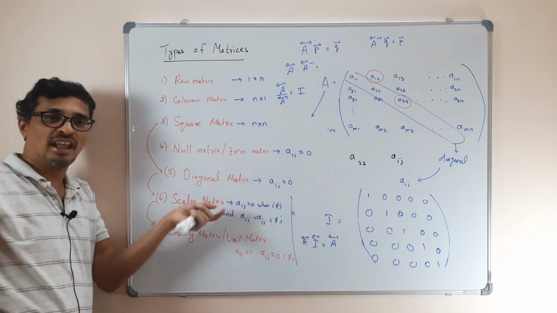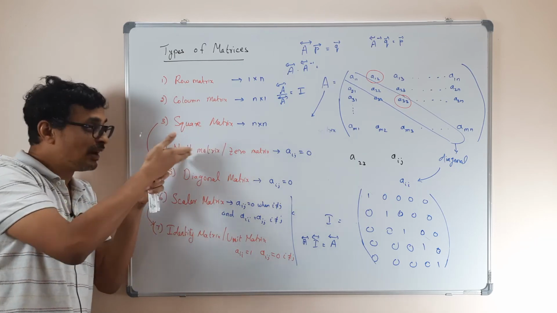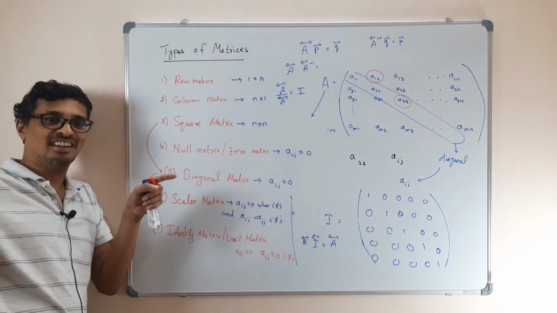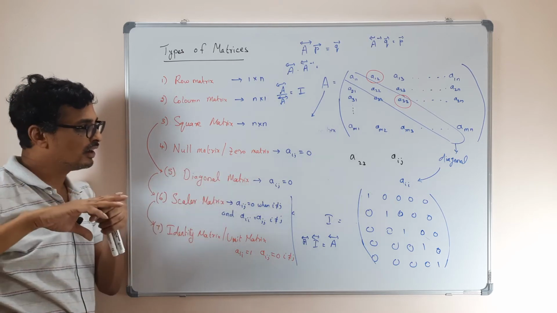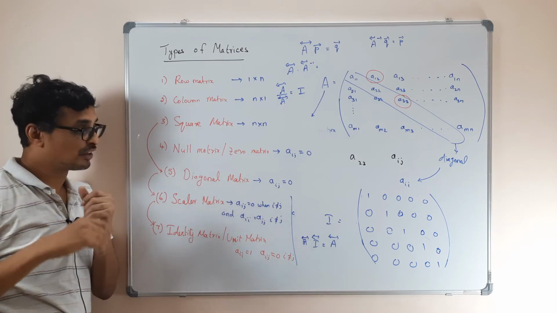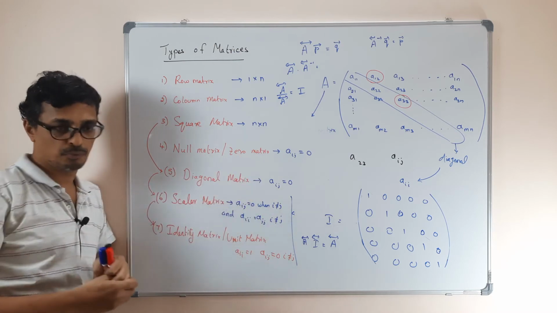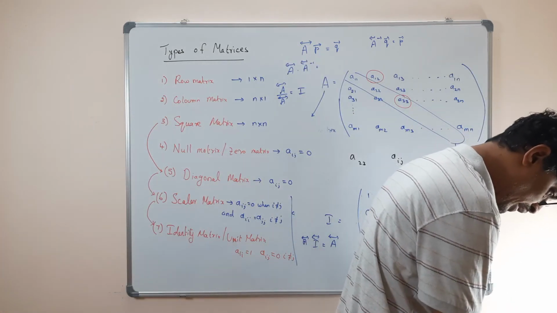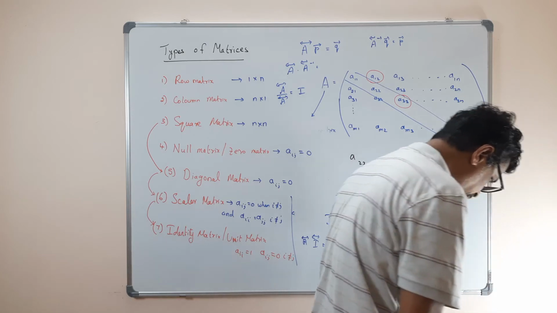When you come to 3 dimensions, it becomes x, y, z. So a null matrix there will have order 2 cross 2 or 3 cross 3. That's why these definitions are important. Okay, so these types of matrices are important. Identity matrix. Is there anything left over for you? Yeah, then there's a very interesting thing.